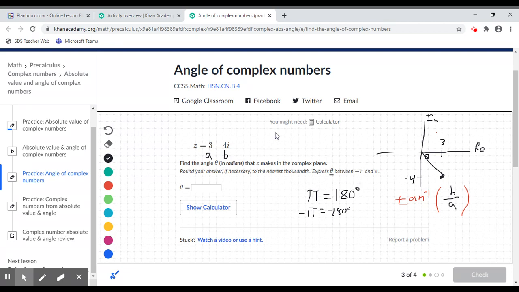Remember, B is the imaginary part, A is the real part. So if I'm doing this from the very beginning, I'm going to say, all right, let's find the inverse tangent. I use inverses to find angles of negative 4 over 3. Let's pull up the calculator to do that.